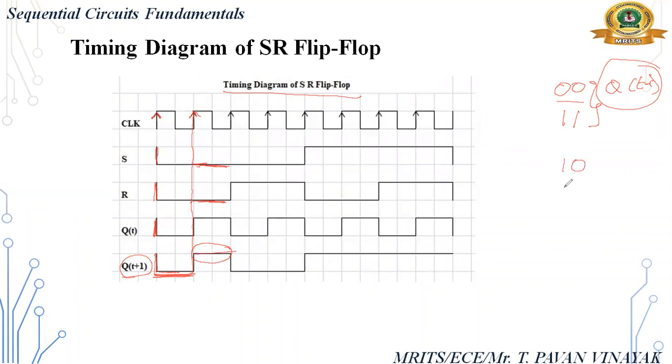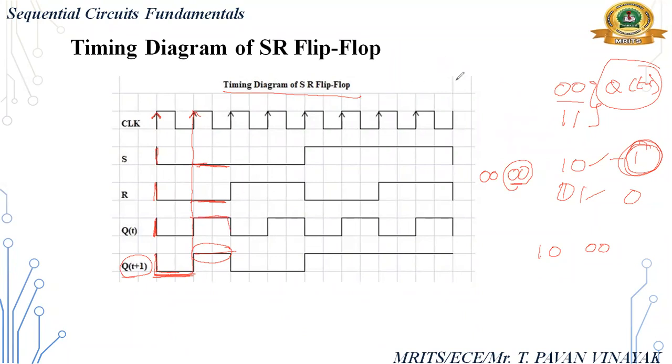For 1, 0, 0, 1, you use 1, 0. After 1, 0, you receive 0, 0, and you have to draw the previous state as the timing diagram. If 0, 0 is received, after that also you receive 0, 0, you have to draw the previous state.